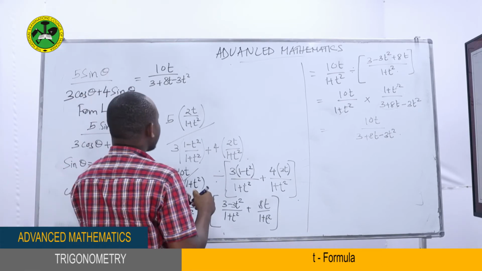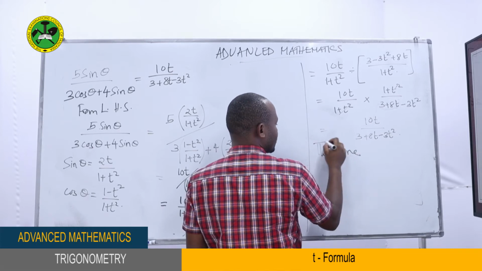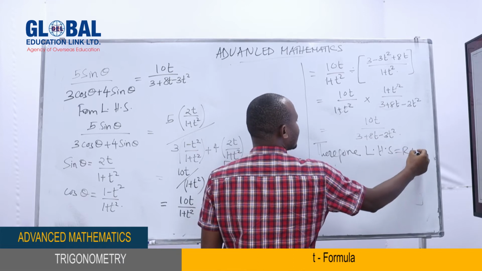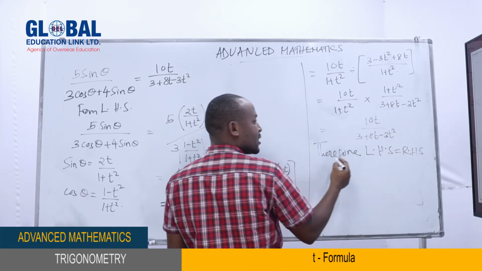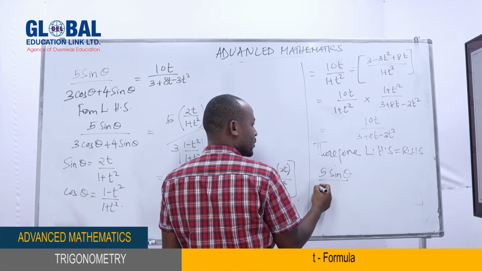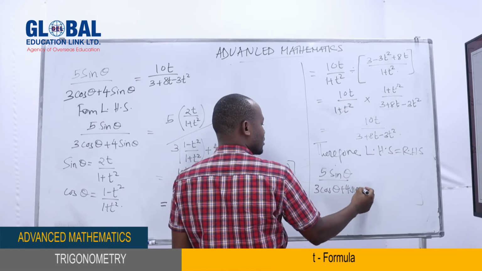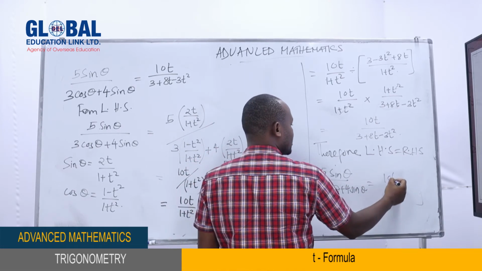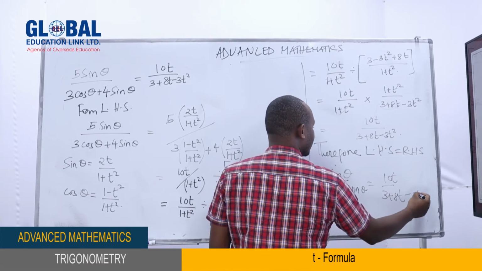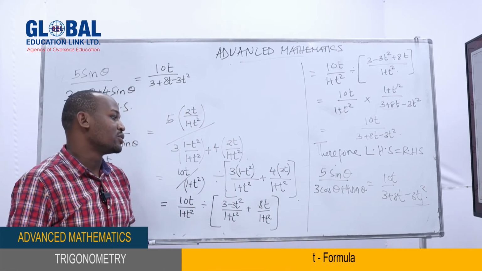Now we have to say, therefore, left hand side is equal to right hand side, and then we have 5 sine theta over 3 cos theta plus 4 sine theta equals 10t over 3 plus 80t minus 3t square. So that's how we conclude our question. Remember to conclude.